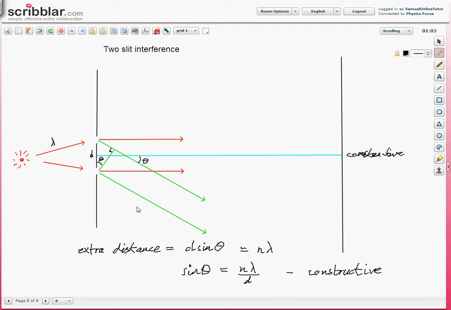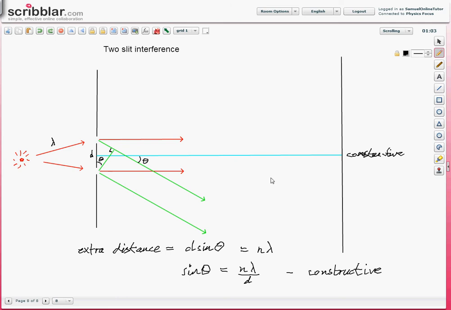So, assuming that d is bigger than lambda, then you may well be able to go through several multiples of this, so 1 lambda over d, 2 lambda over d, and so on, because of course sine theta goes up to a value of 1 at 90 degrees, which is as far as you can get in this situation before you would have to be coming back, which doesn't work.